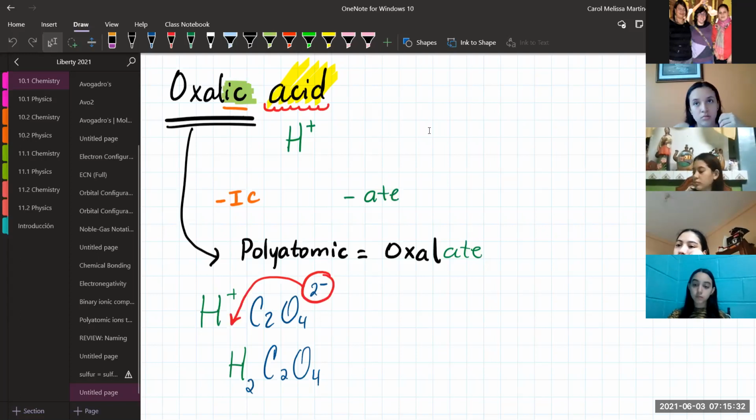Not too different, but it's different in the end. I always make that commitment, and I always tell my students, by the end of 11th grade, I will give you a review on how to name the compounds in Spanish. I mean, in general, in English, but also in Spanish.